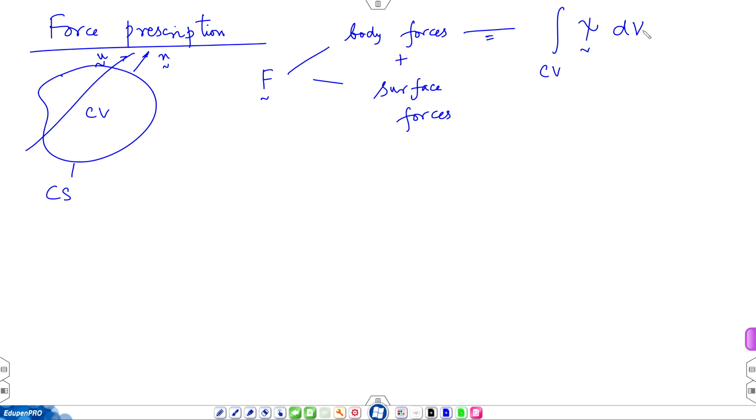We also said in our discussion there is no change in acceleration due to gravity over the scales of interest. So, it is written as body force field per unit volume integrated over CV. Suppose the body force may arise from an electric field, magnetic field. For our discussion, it is a gravity field.